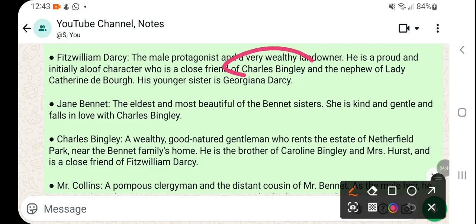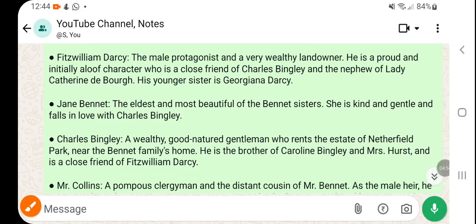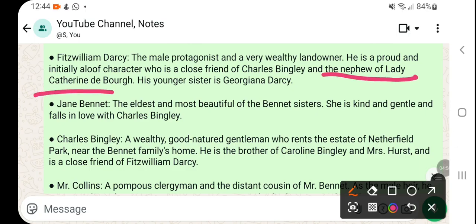Charles Bingley and Fitzwilliam Darcy are close friends. Fitzwilliam Darcy is the nephew of Lady Catherine de Bourgh. His younger sister is Georgiana Darcy.